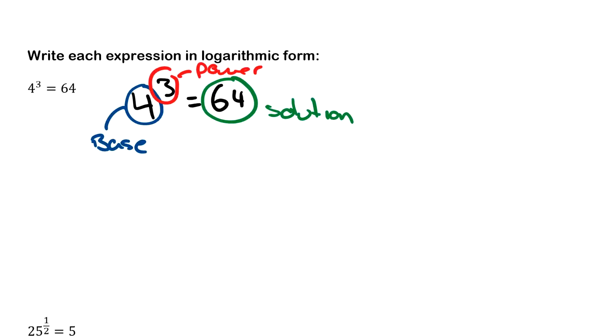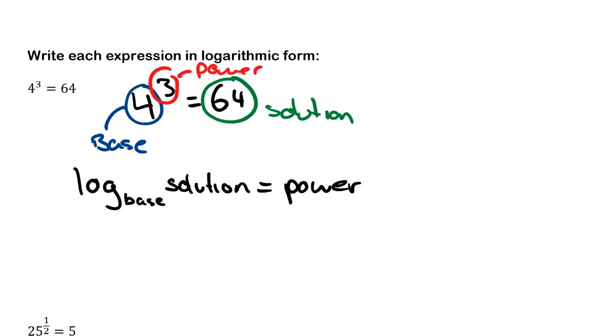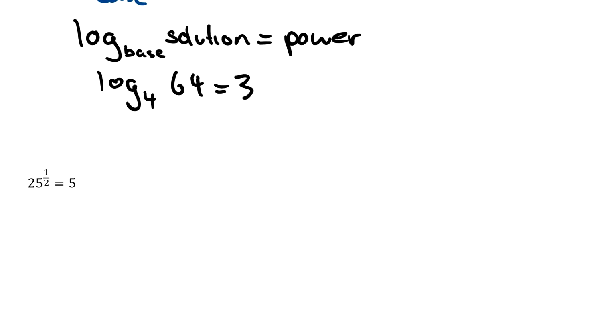Alright, so now that we've got that, remember our generic is log, our base, our solution equals our power. So now that we have all those together, I know it's going to be log base 4 of 64 equals 3.